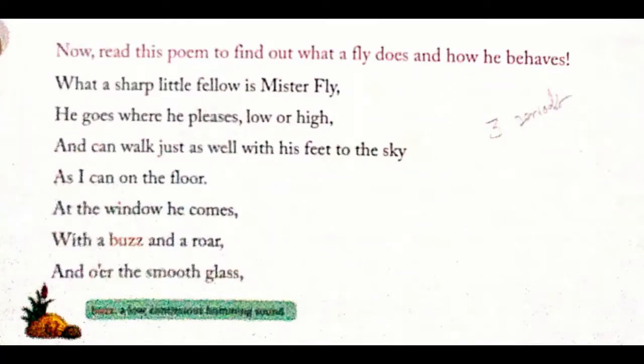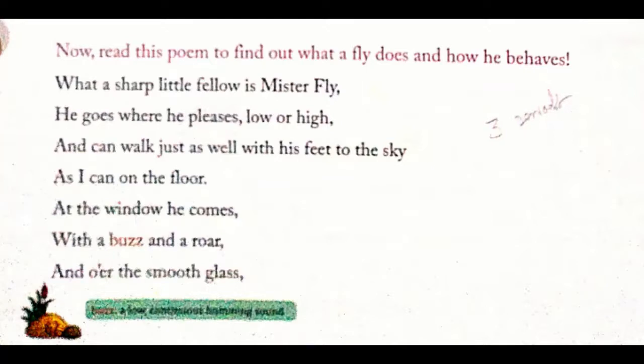That means it is very active and remains very alert and vigilant, that if anybody is trying to catch it or kill it, it flies away. That's why, due to its cleverness, activeness, and alertness, Mr. Fly is referred to by the poet as sharp.